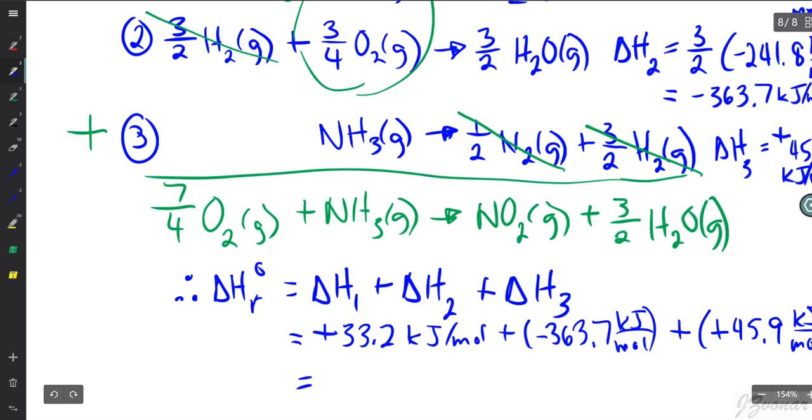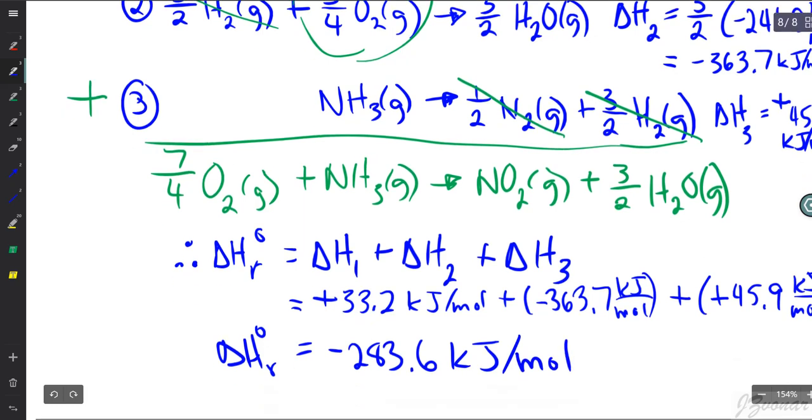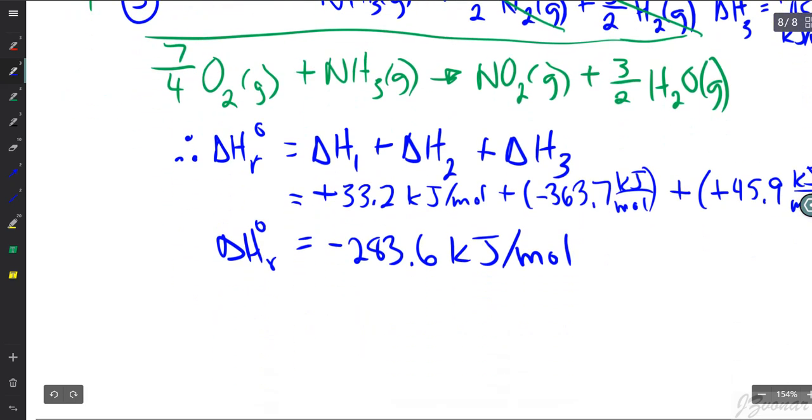Now we go ahead and add them all up, and we get an answer of negative 283.6 kilojoules per mole. So we have now found the delta H for this reaction.